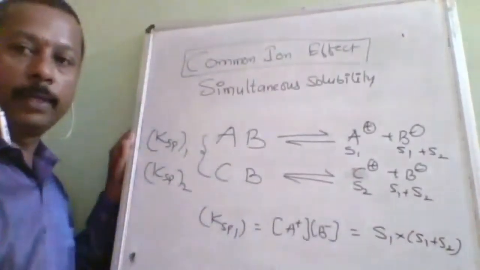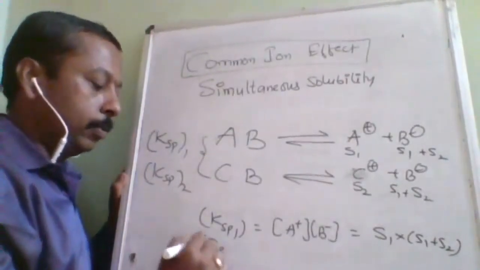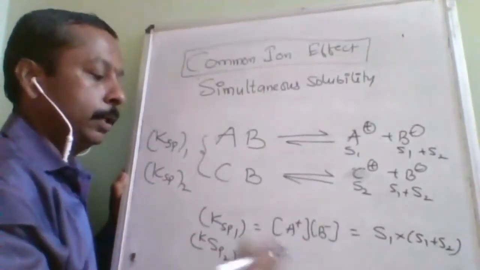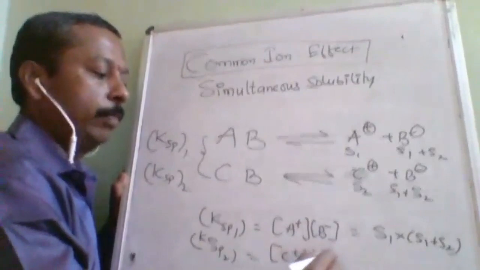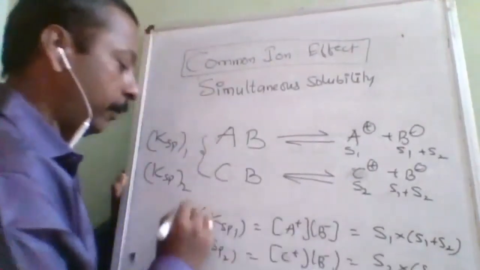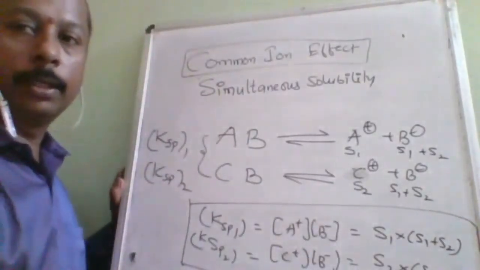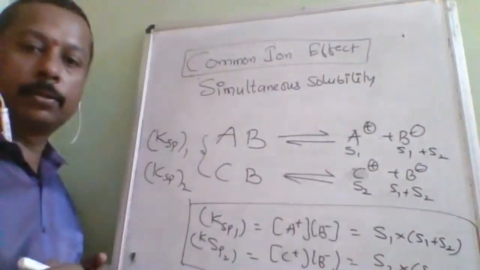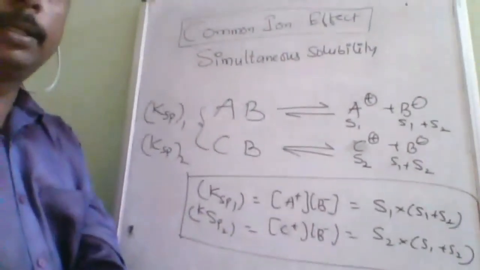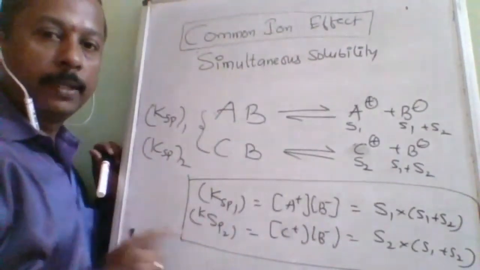This is KSP1. And KSP2 is equal to the concentration of C plus into B minus, which is S2 into S1 plus S2. This is the formula we should use for simultaneous solubility if both are sparingly soluble. Is it understood now?